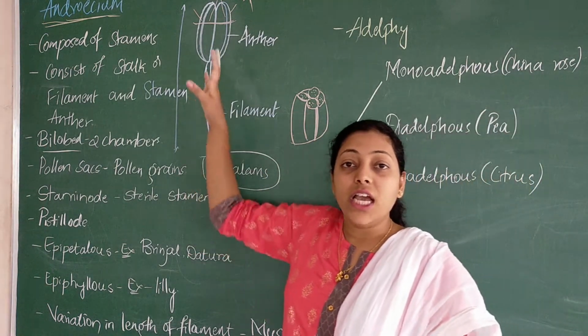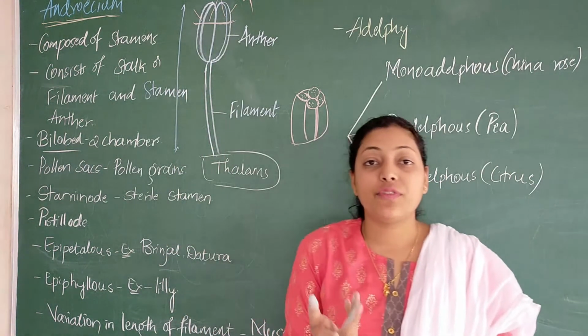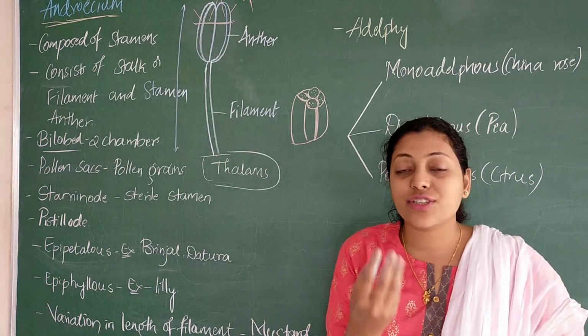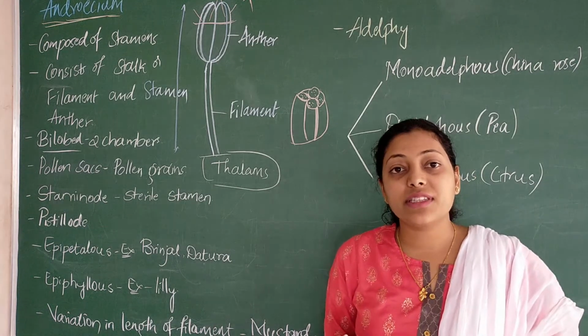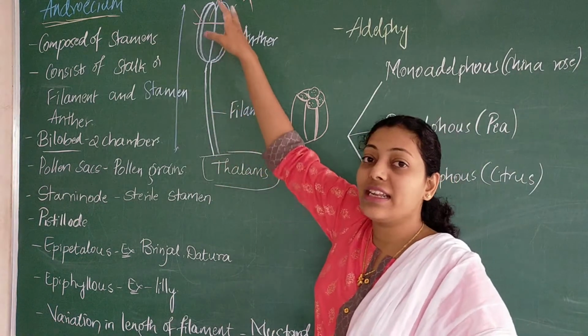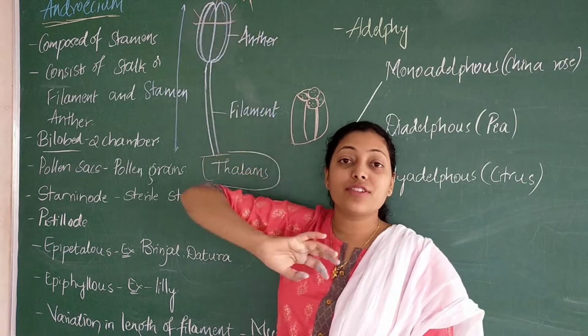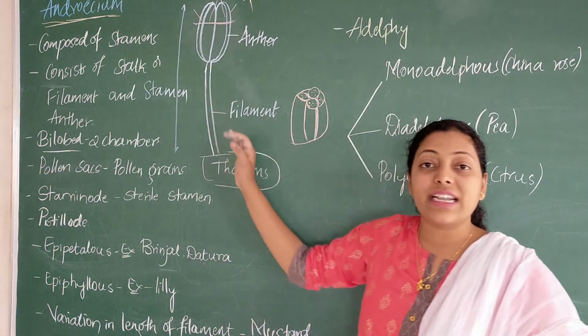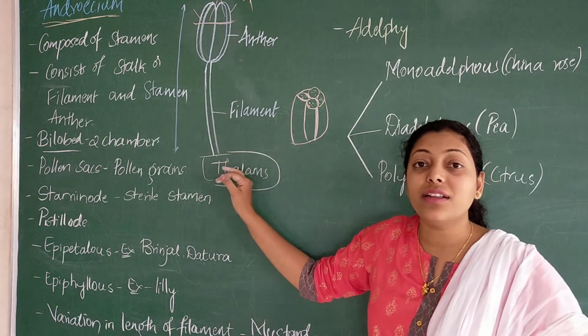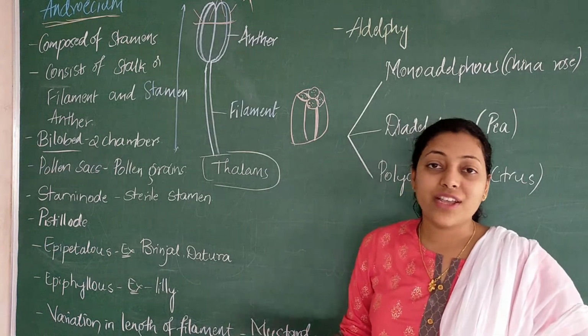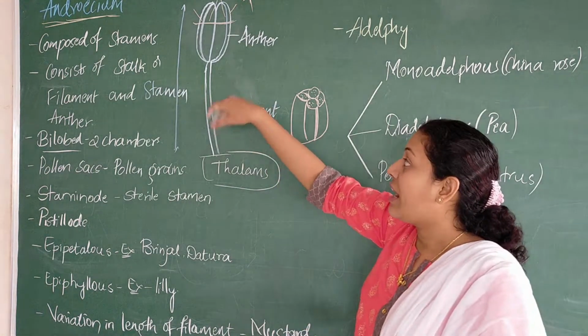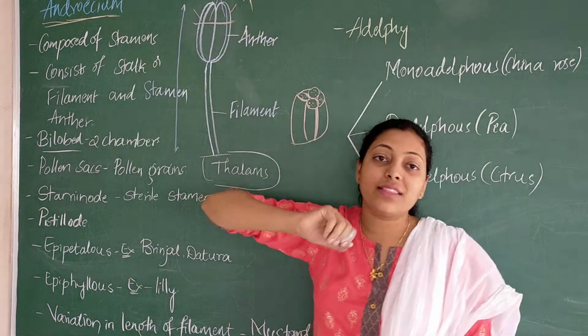Basically, the reproductive unit of a flower is called the stamen, and stamens consist of a filament and an anther. These are the different parts of stamens. The filament is attached to the thalamus or receptacle, you all know what the thalamus and receptacle are, and the upper part is attached to the anther.